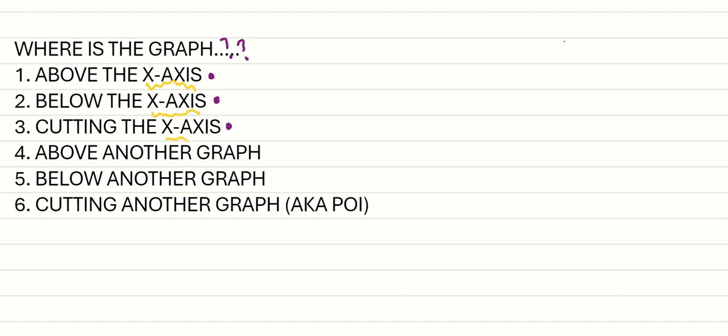The next 3 questions are: where is your graph above another graph, where is your graph below another graph, and where is your graph cutting another graph, which we know as a point of intersection. These are the 6 very common questions, and you just need to know how to identify them.